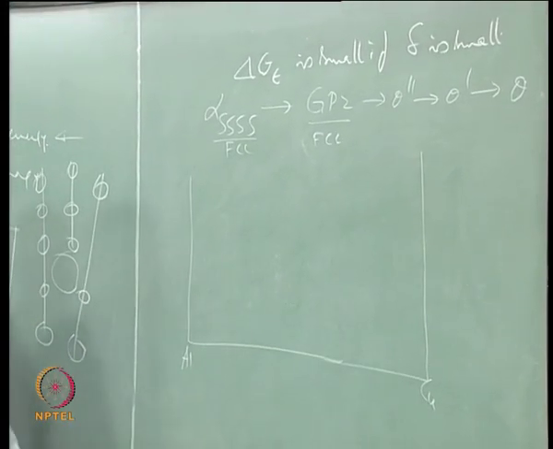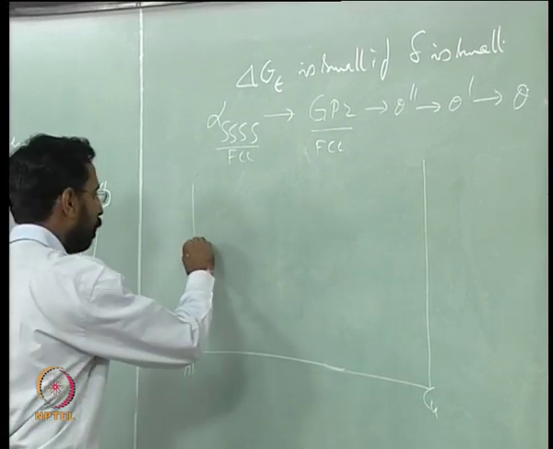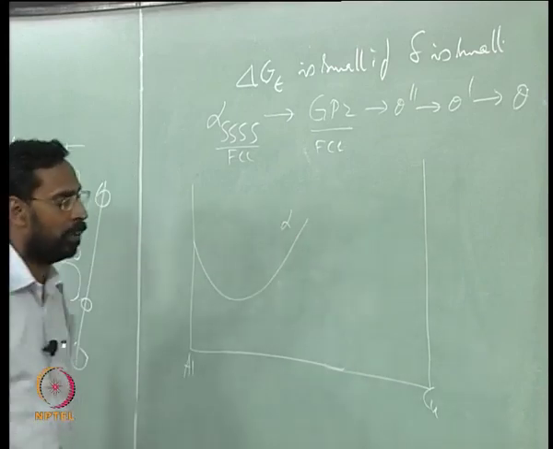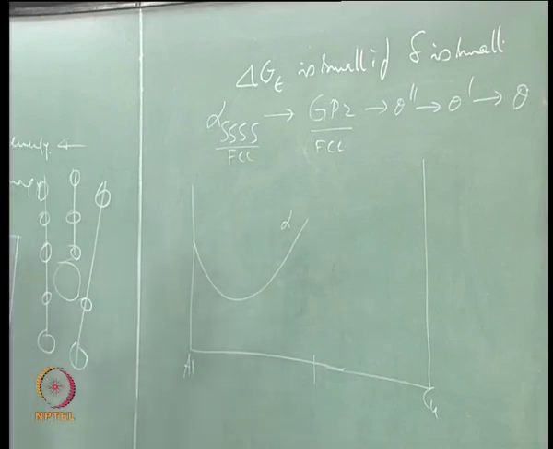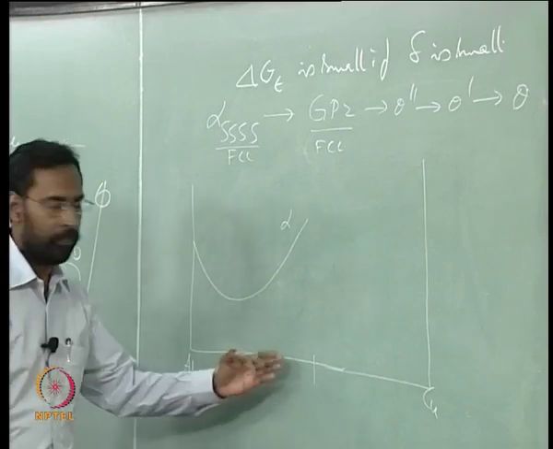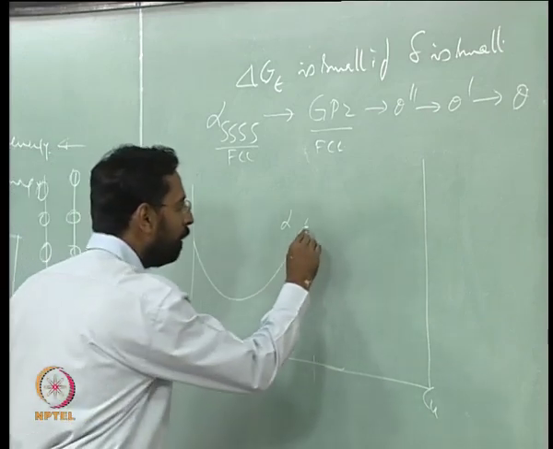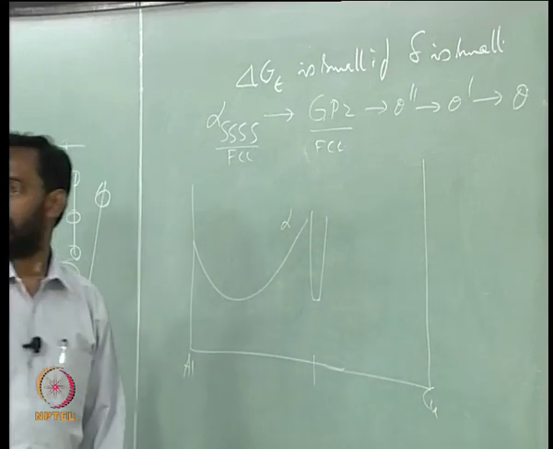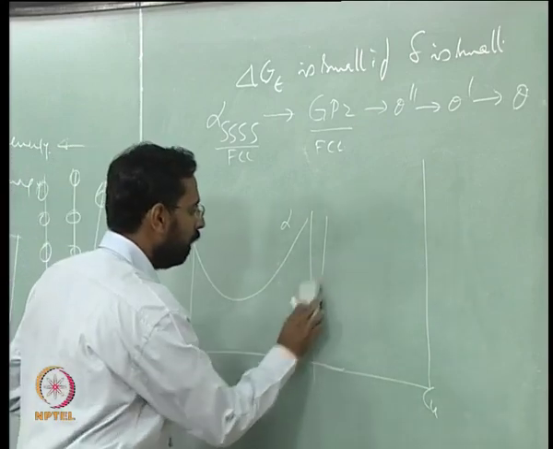You start with an alpha, and somewhere here is the midpoint, let us say 50-50. So theta has approximately 55%, this is what we have said. So you have a theta phase somewhere here, and let us put it slightly down.